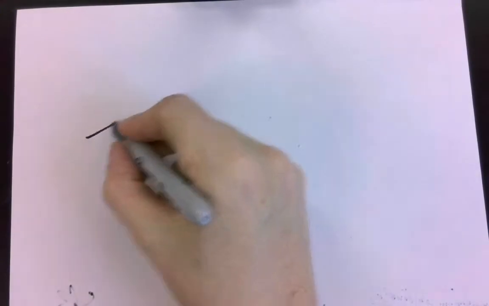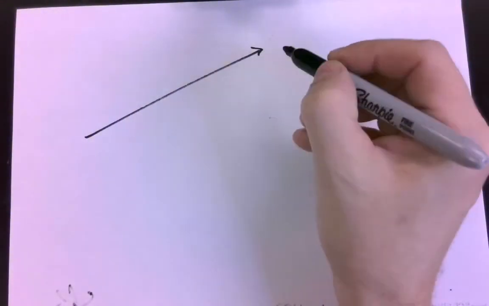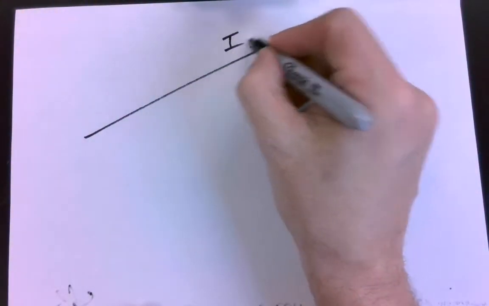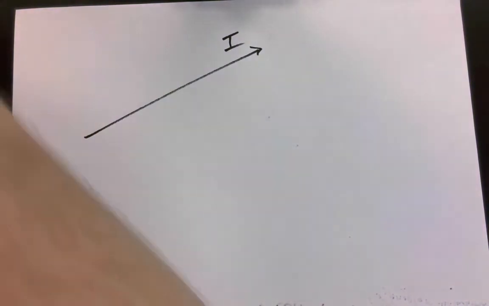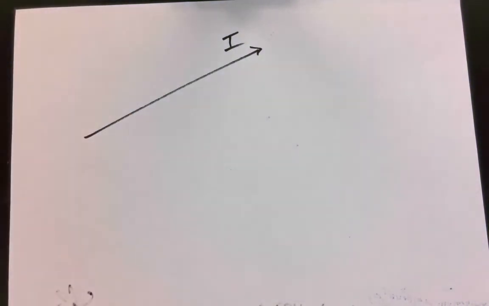I want to talk a little bit about just the relationship between electrical current and magnetic fields. If you've got a wire that is carrying a current I, the equation which tells us how much magnetic field is generated by that current is called Ampere's Law.